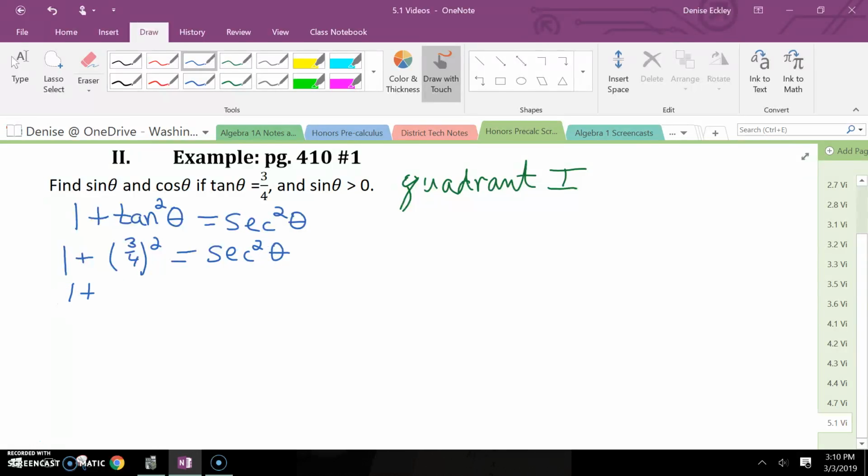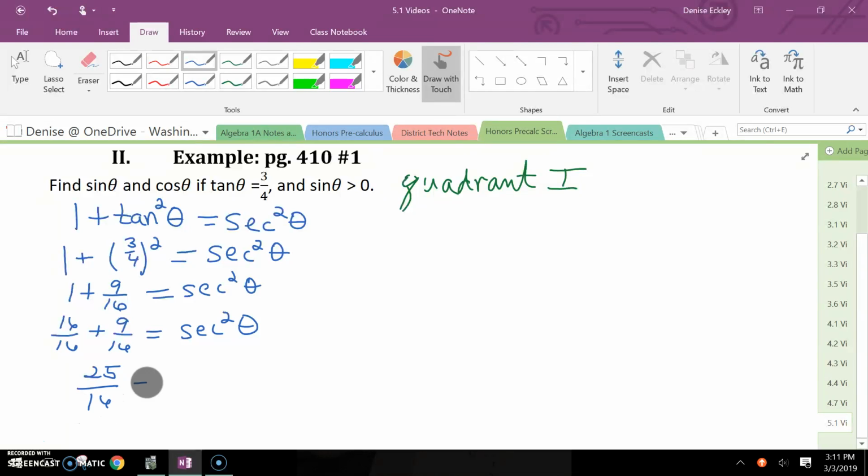So 1 plus 9/16 equals secant squared, and of course, 1 is 16/16, and we get 25/16 is secant squared theta.